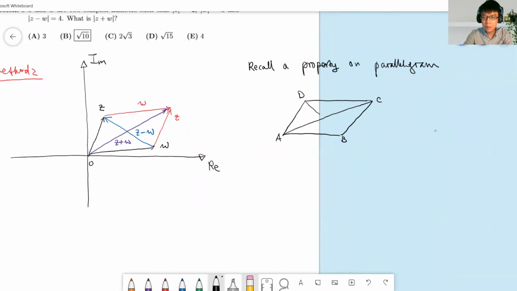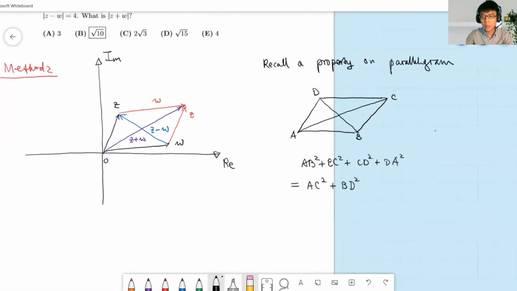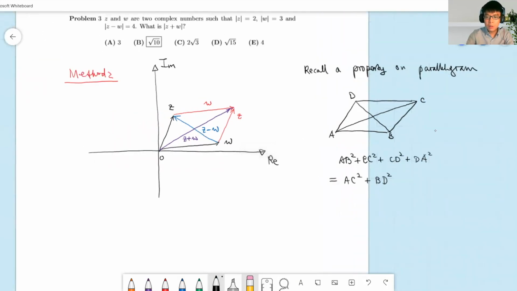If I connect AC and BD, we have AB square plus BC square plus CD square plus DA square. That's basically the sum of squares for every side. And this equals the sum of diagonal squares, so AC square plus BD square. Okay, this can be proved by using Pythagorean theorem. Well, you can draw a height from each side, and I'm not going to prove it here, but this is probably useful in solving the question here.